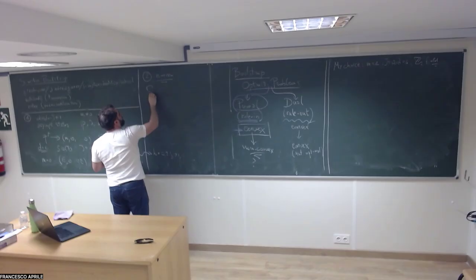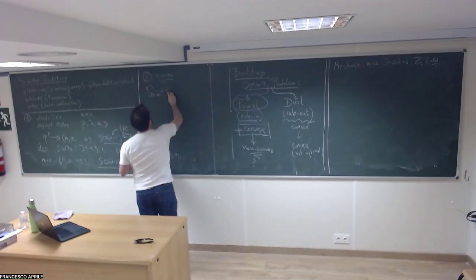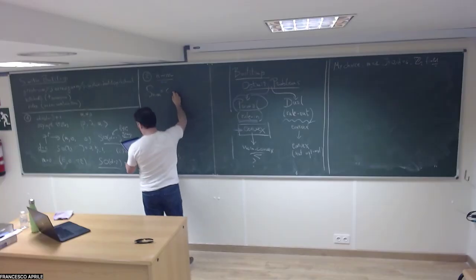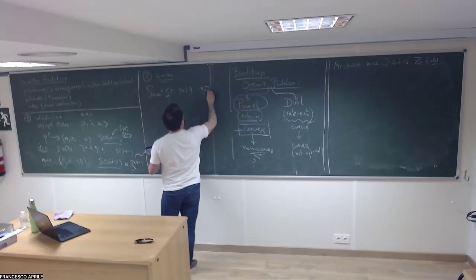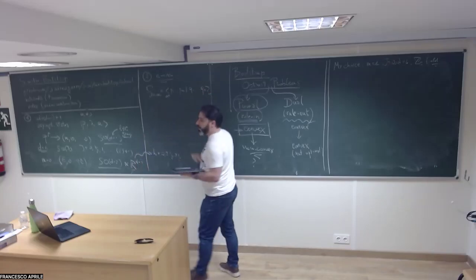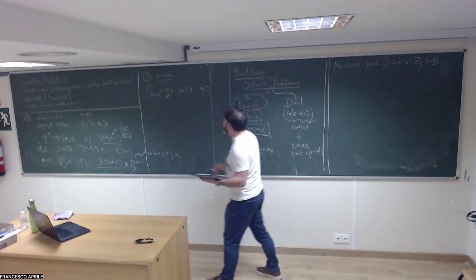I remind you they are simply defined by this overlap. When you have, for instance, some out state of particles with momenta P1 through PM, and then some in state of particles with momenta Q1 through Qn. So this is usually how you define it.